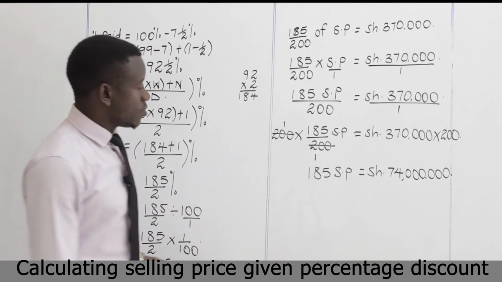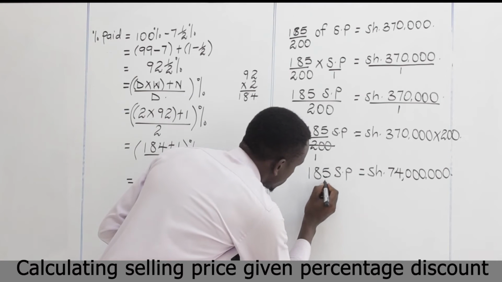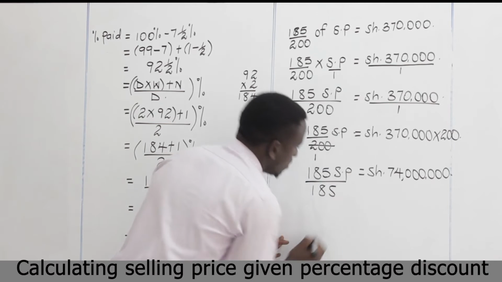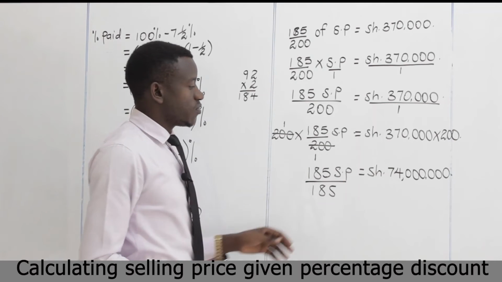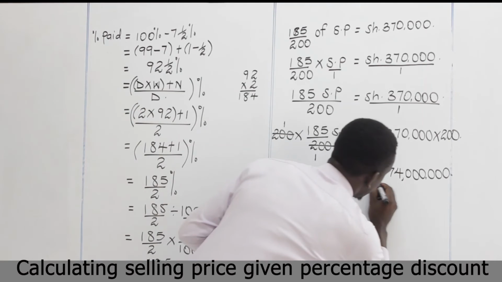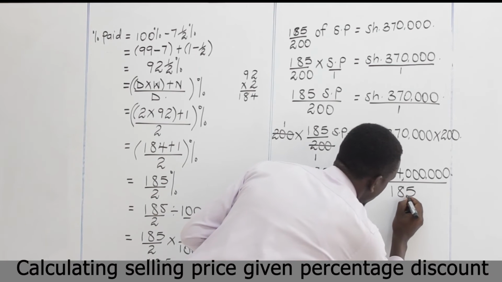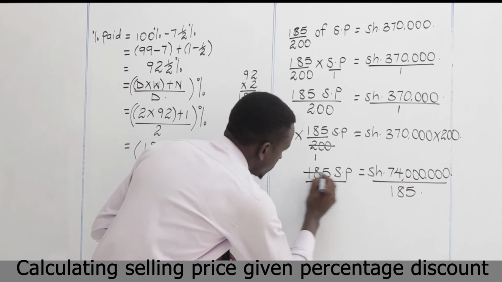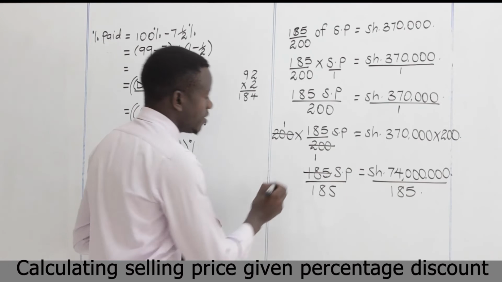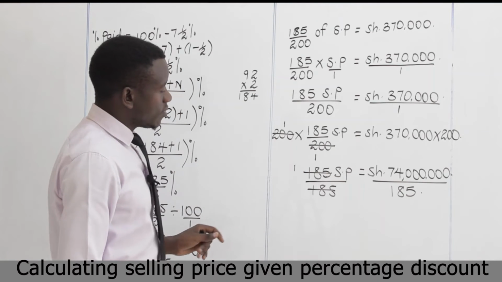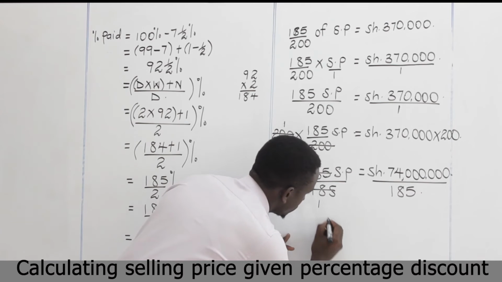Then from there, we shall divide both sides by 185 as the coefficient of the selling price. 185 divided by 185 is 1. Then 185 divided by 185 shall have 1.